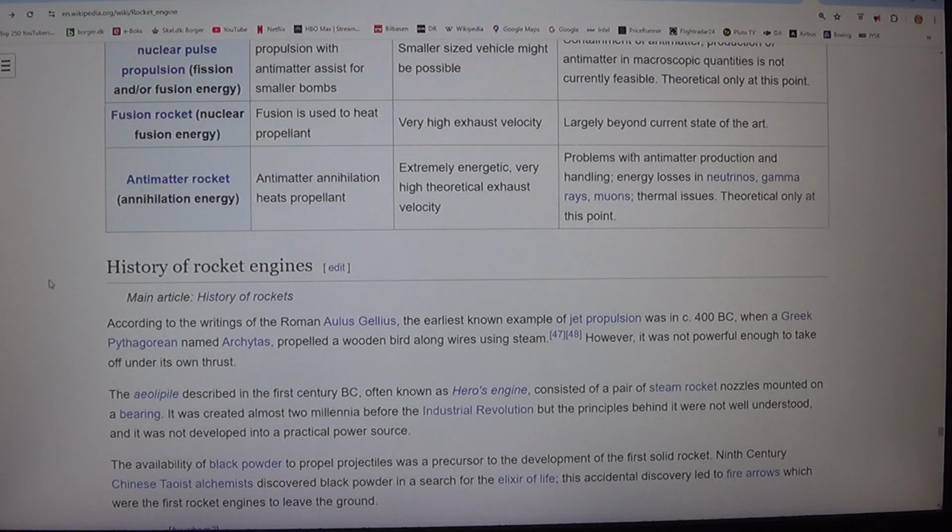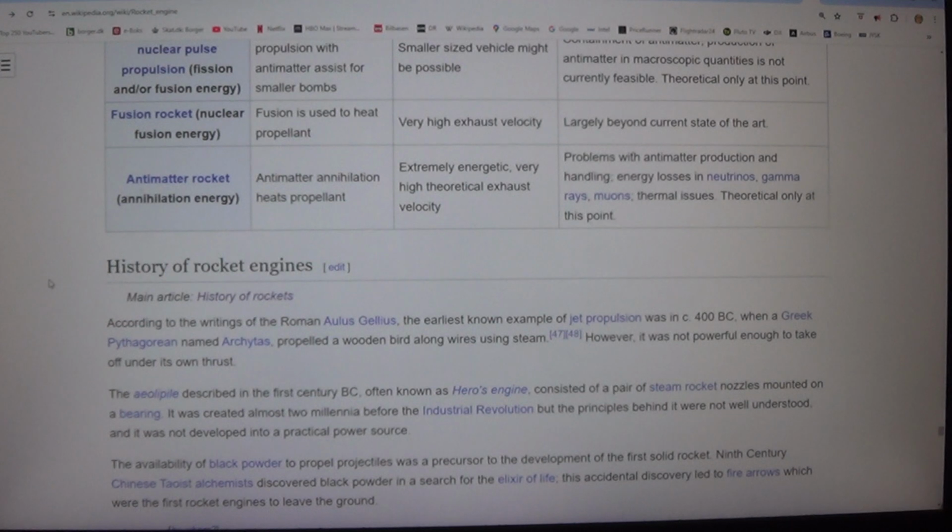Fusion is used to heat propellant, very high exhaust velocity, largely beyond current state of the art. Antimatter rocket, annihilation energy. Antimatter annihilation heats propellant, extremely energetic. Very high theoretical exhaust velocity. Problems with antimatter production and handling, energy losses in neutrinos, gamma rays, muons, thermal issues. Theoretical only at this point.